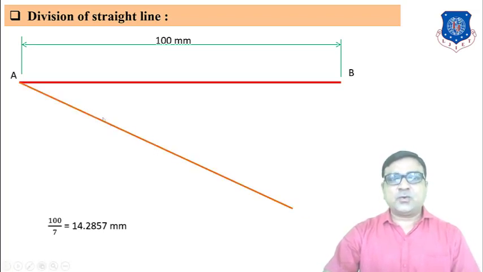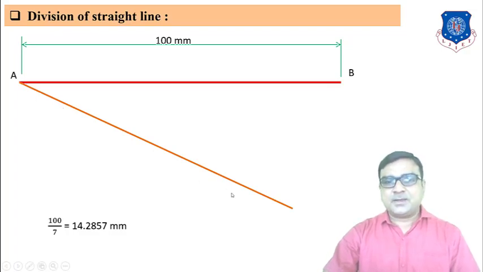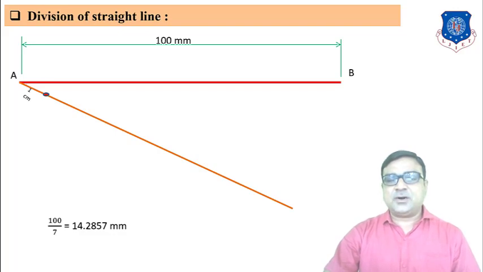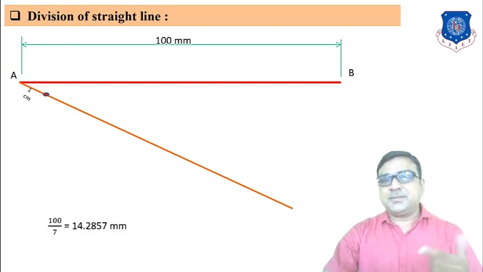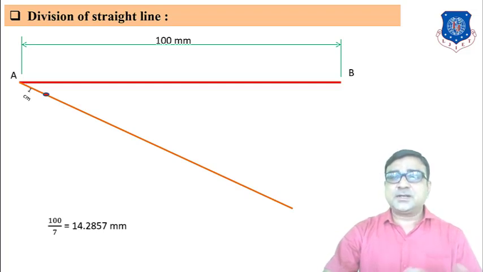For that, you have to draw one line from one of the ends, either A or B. Draw one straight line which is inclined at any angle with line AB. Suppose on this line I want to make 7 equal divisions, and the length of one part may be 1 centimeter, 2 centimeter, 3 centimeter, any as you wish.